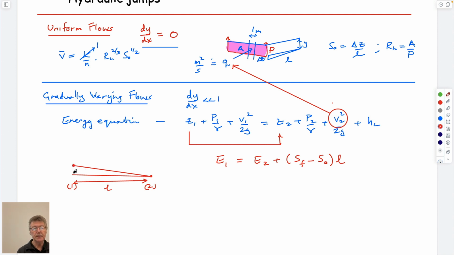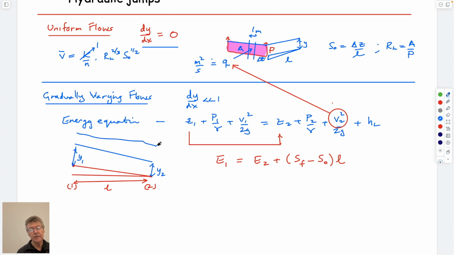This, of course, is delta Z, and the water on top of there would be flowing at some rate here. So this would be Y1, kind of parallel to the bed, but the slope is so gentle that it doesn't really matter whether it's vertical or perpendicular to the bed.